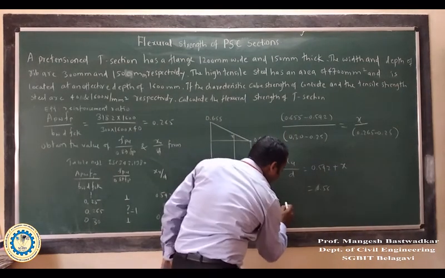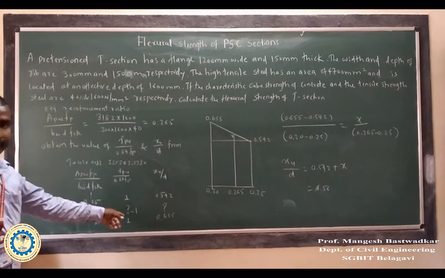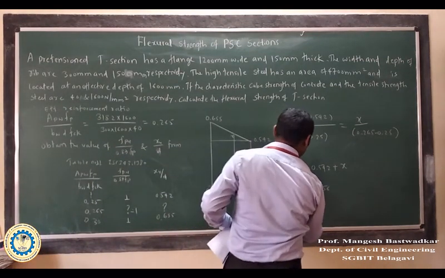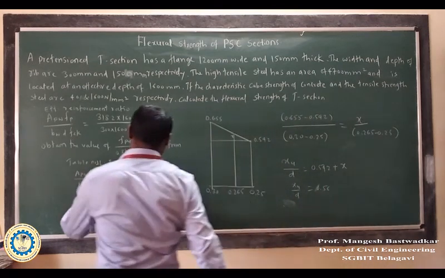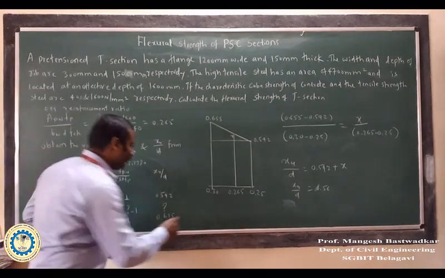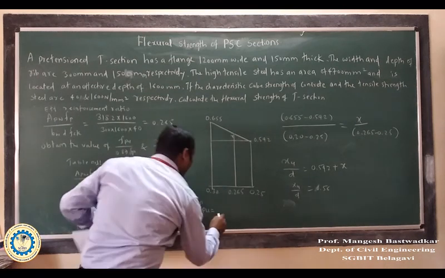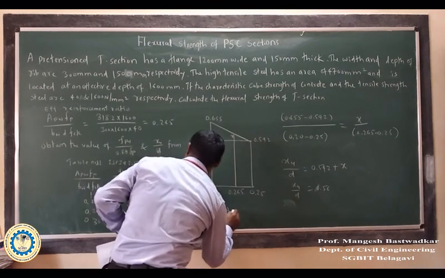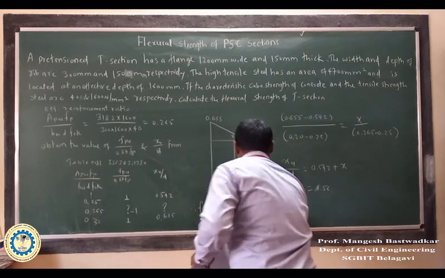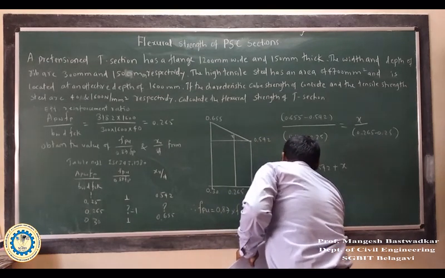Now you can calculate FPU, the effective pre-stress, also. First of all, FPU is equal to 0.87 FP into 1. 0.87 FP is 1600, into 1.